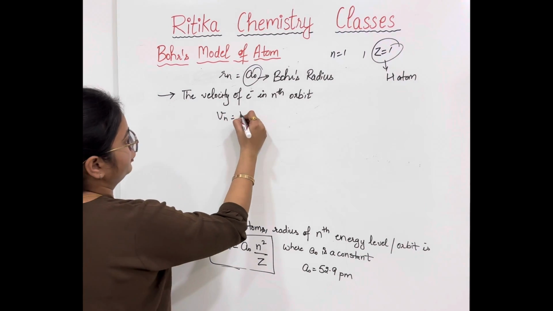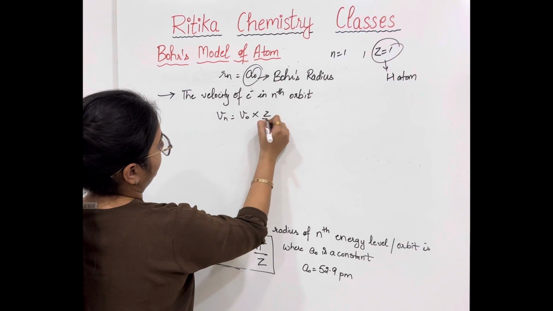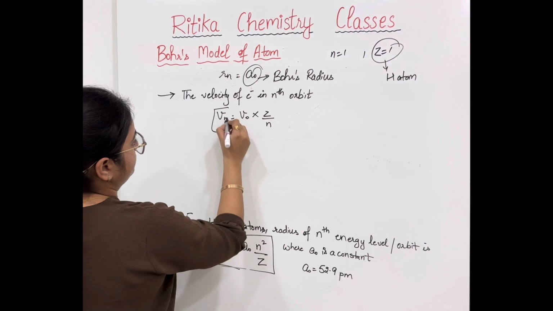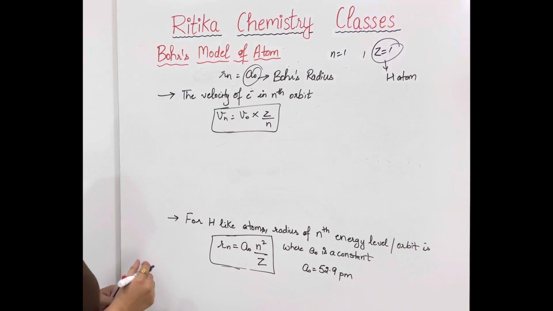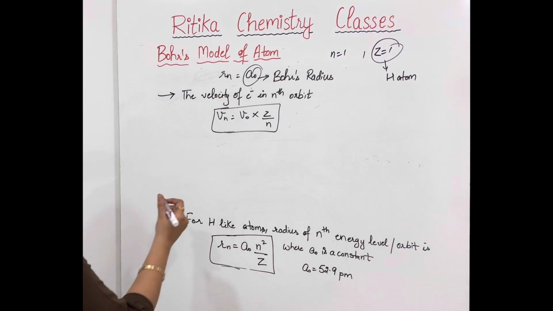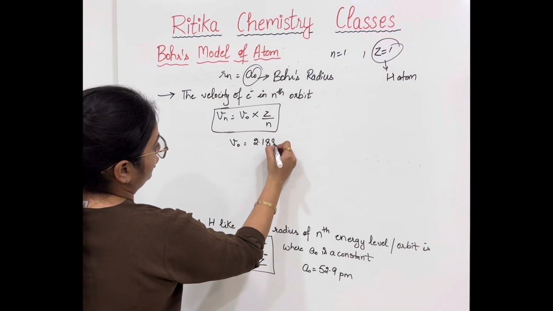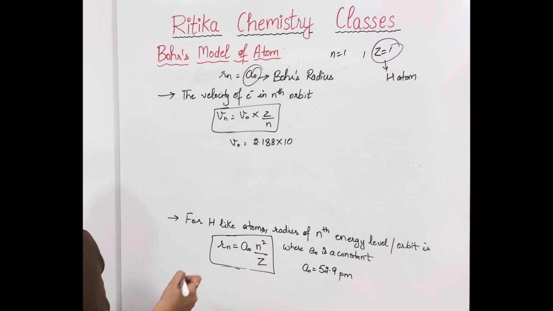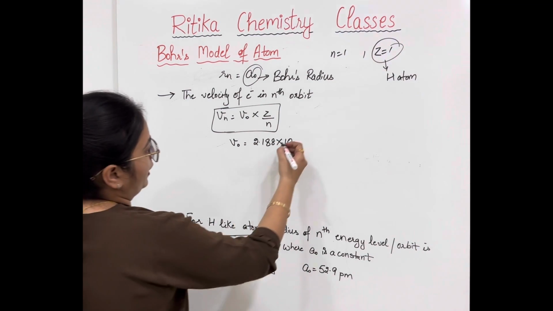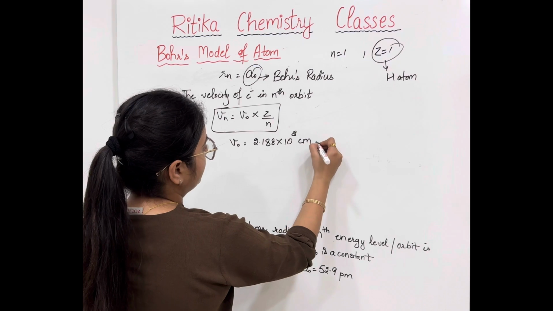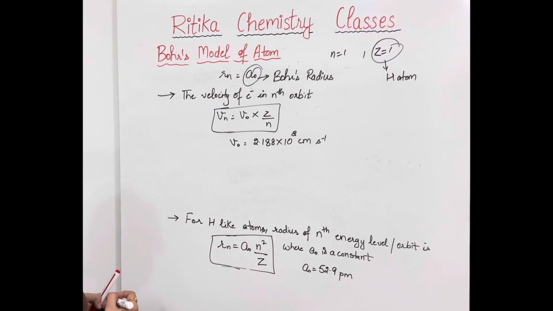It is equal to V naught into Z upon n, where V naught is a constant whose value is equal to 2.188 into 10 to the power 8 centimeter per second.